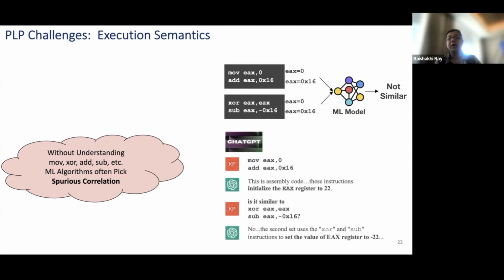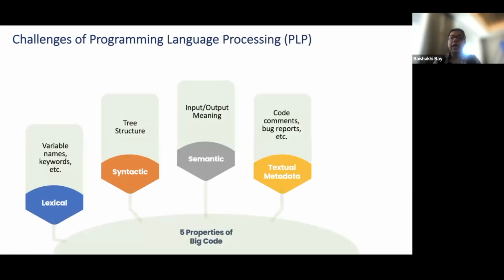So for example, here we ask ChatGPT whether these two codes are similar, and ChatGPT, which we all know is a super good, very powerful model, says basically no, they don't look like similar code, because the next one is setting the EAX register to minus 22. The reason is that it does not realize the semantics of these instructions and how the value flows.